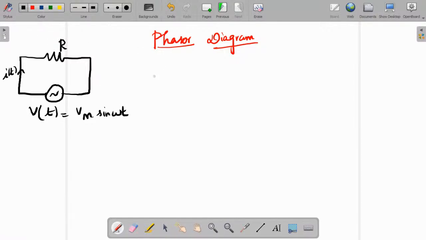Okay, so I and V, if this is V, both current and voltage will be in phase. I and V are in phase.